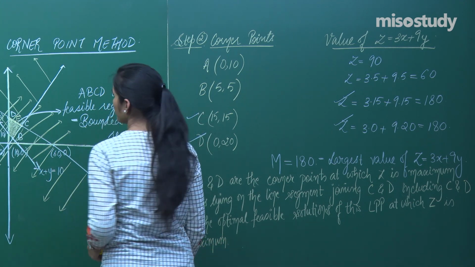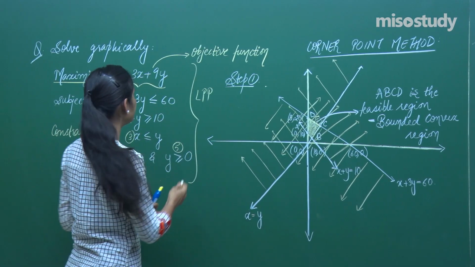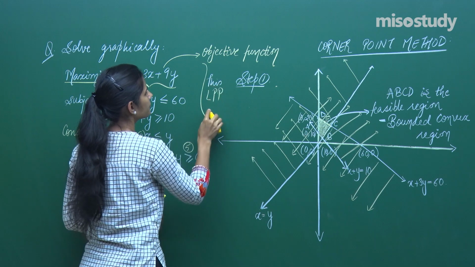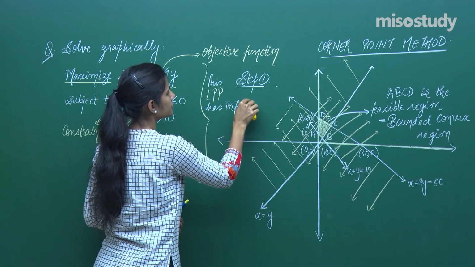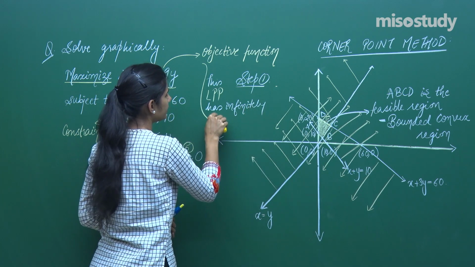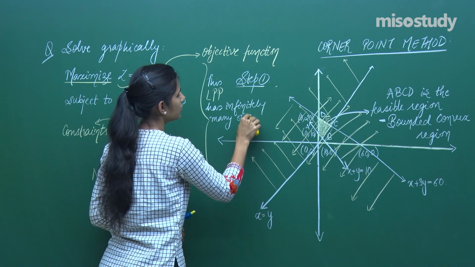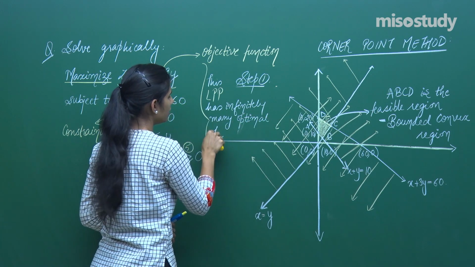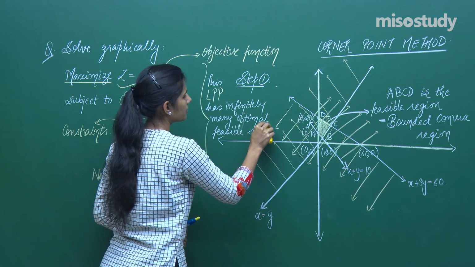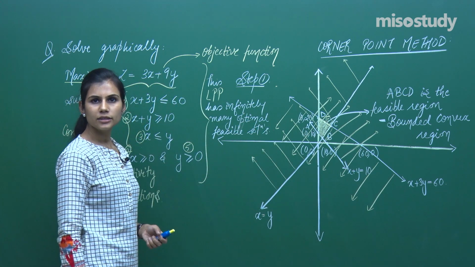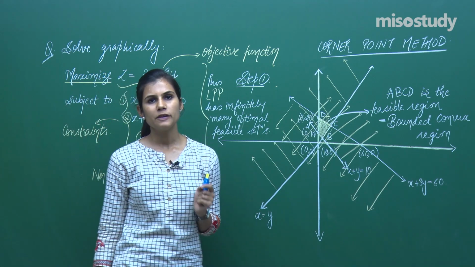Fine, and therefore this LPP has infinitely many optimal feasible solutions. Is it understood? This is that LPP which has infinitely many optimal feasible solutions.